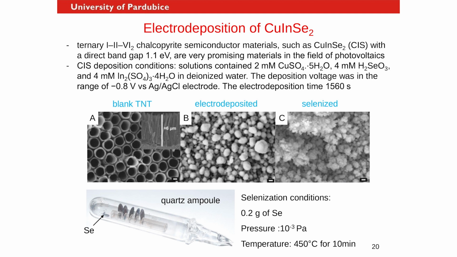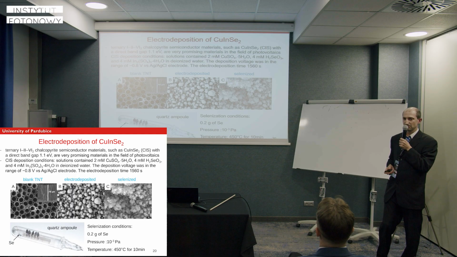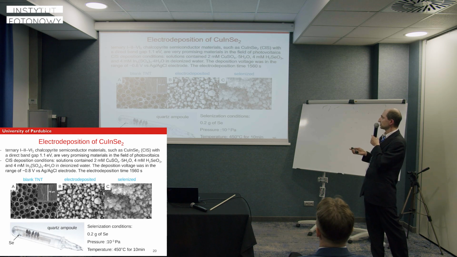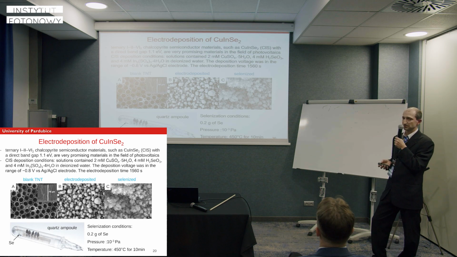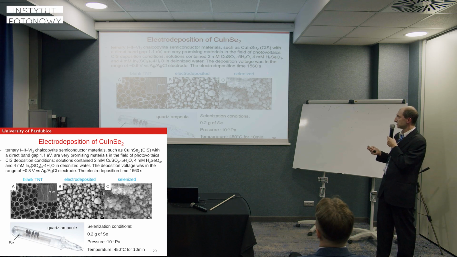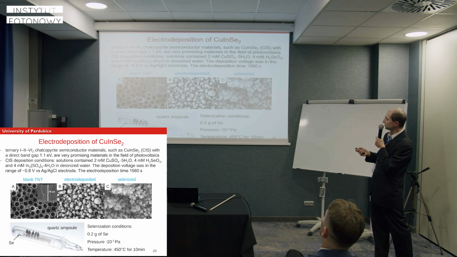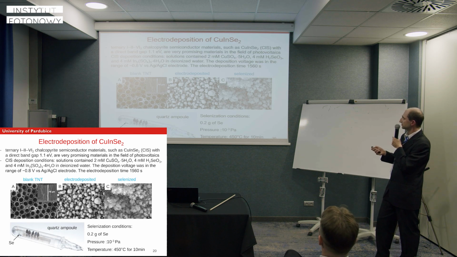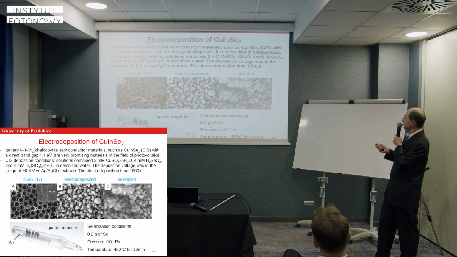So since we weren't satisfied with the spin coating, we tried the electrodeposition of copper indium selenide, which is a chalcopyrite semiconductor, also very promising in the field of photovoltaics. It's easy to make a solution which contains copper sulfate, selenious acid, and indium sulfate in ice water.